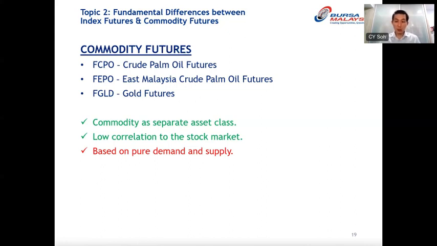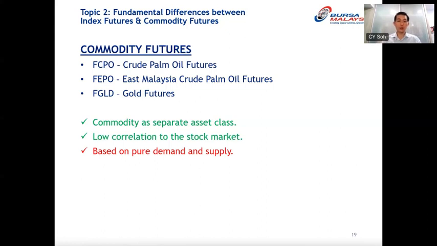Unlike commodity companies, where you need to stock pick the best commodity or plantation companies, doing stock filtering to find the best companies with good management, good earnings, and so on, when you trade commodity futures you are actually directly trading the futures contract for the physical product itself.